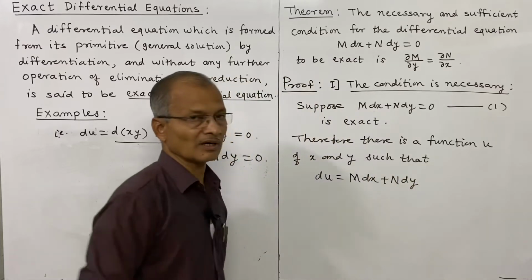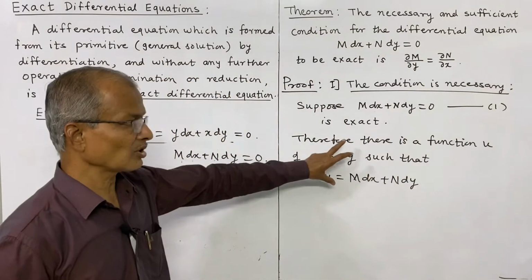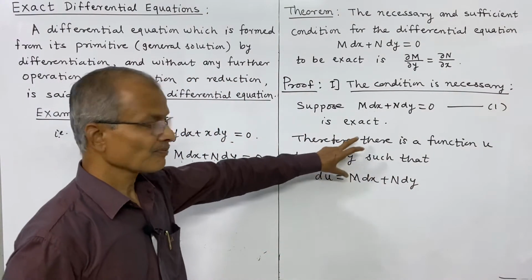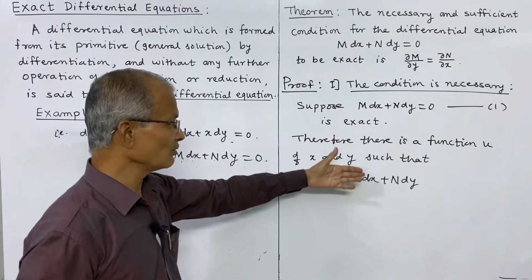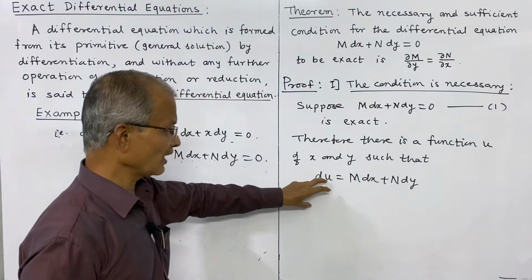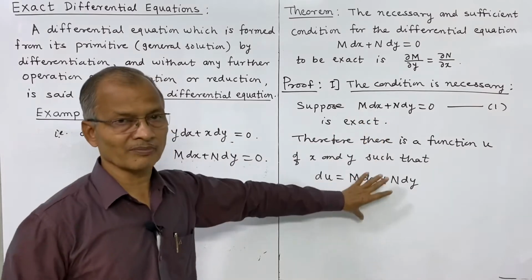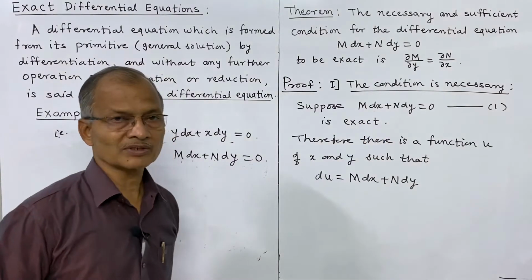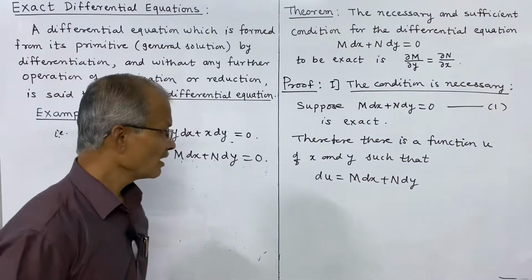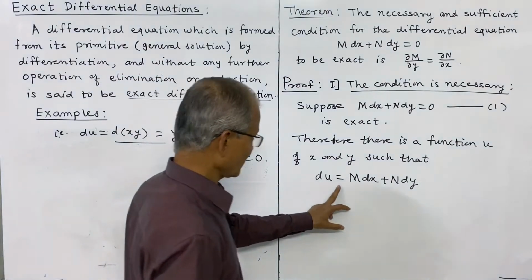That can actually also be considered as the definition of an exact differential equation. If there exists a function u such that the total derivative of that u is equal to the given differential equation, then the given differential equation is said to be exact, and thus we have this relation.